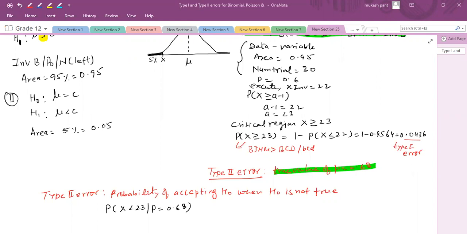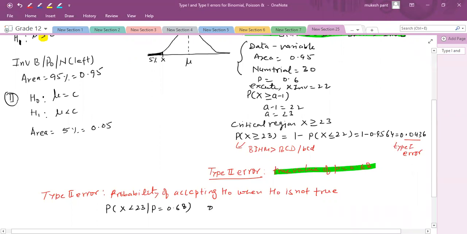Here the true value of probability of success is 0.68. Before that, for type 1 error, I was taking 0.6, as per the question. So for type 2 error, x less than 23, where probability of success is 0.68.